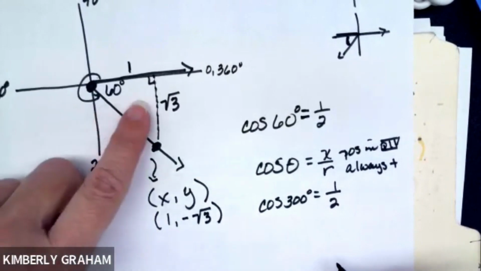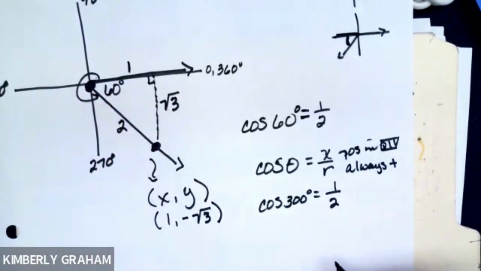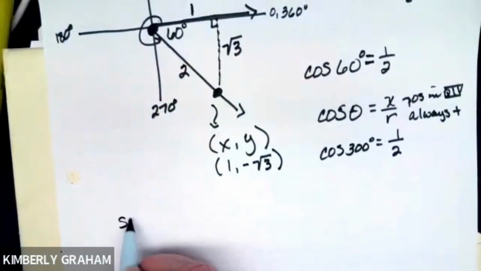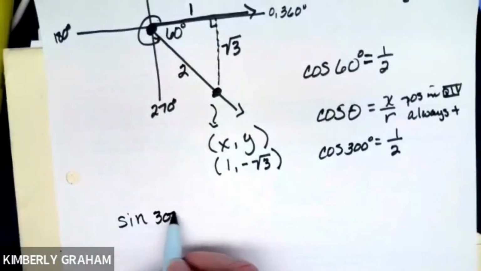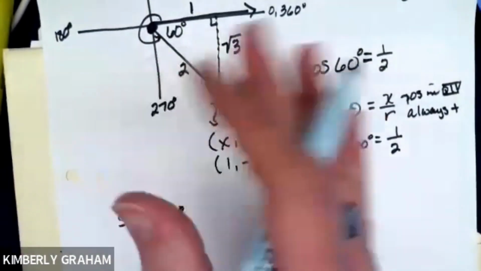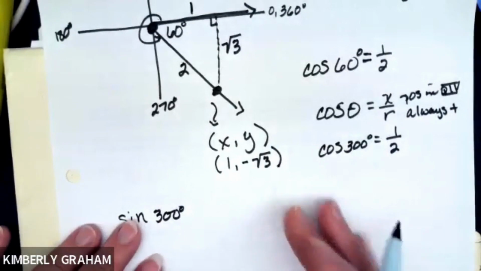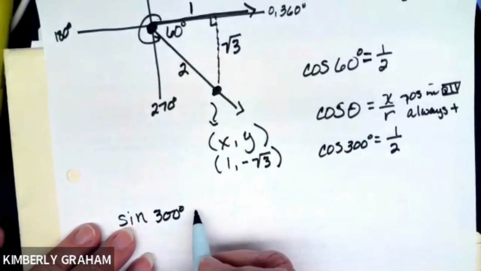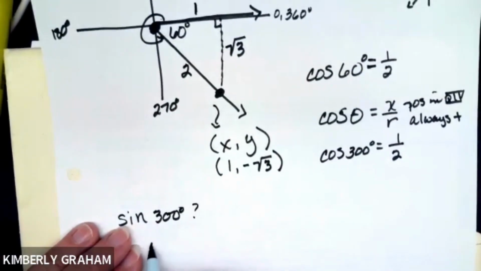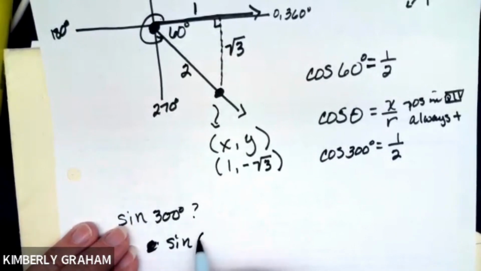What about my sine of 300? That was cosine, but what if I wanted to find the sine value of 300? Well, I can do all of this same stuff here. And my sine value now is, sine of theta is y over r.